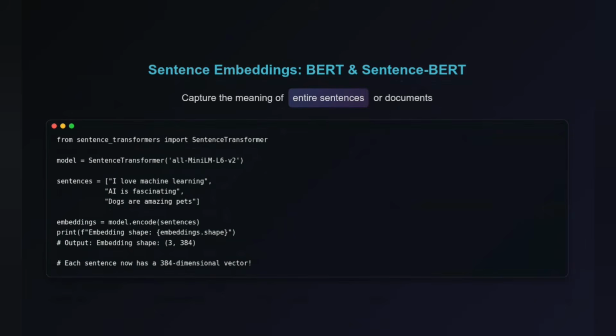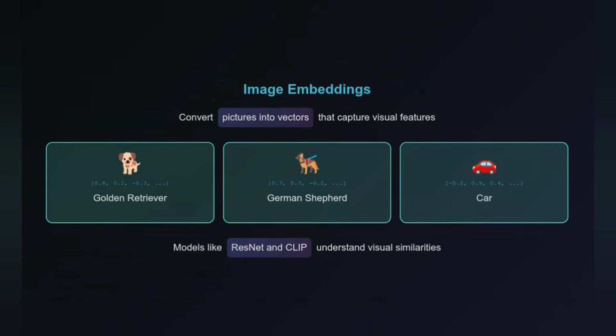Sentence embeddings, like BERT and Sentence-BERT, capture the meaning of entire sentences or documents. Image embeddings convert pictures into vectors that capture visual features and similarities. Models like ResNet and CLIP can understand that a photo of a golden retriever is similar to other dog images.